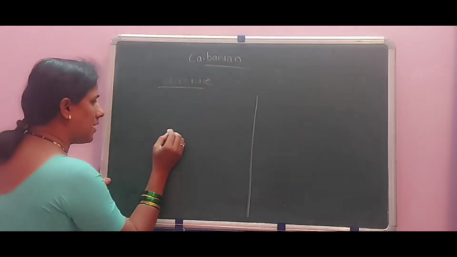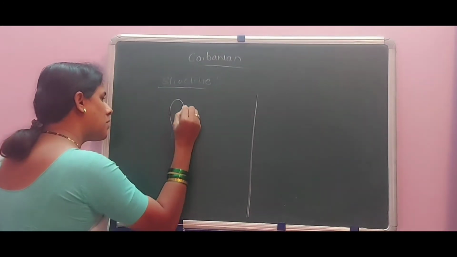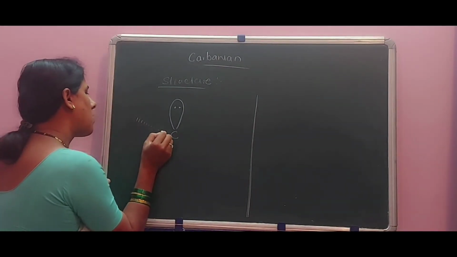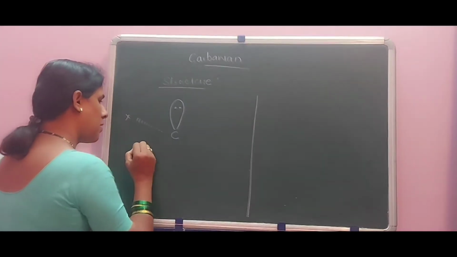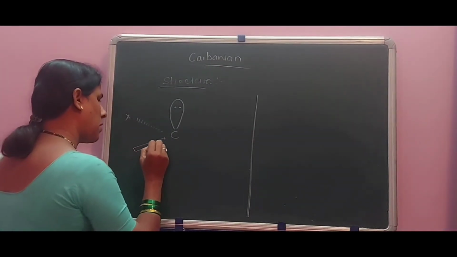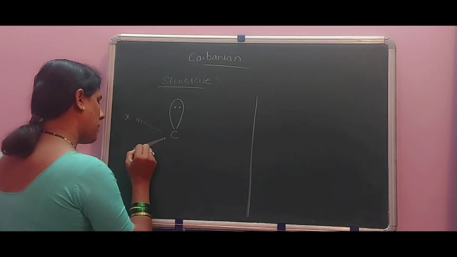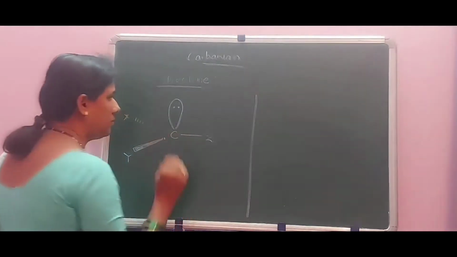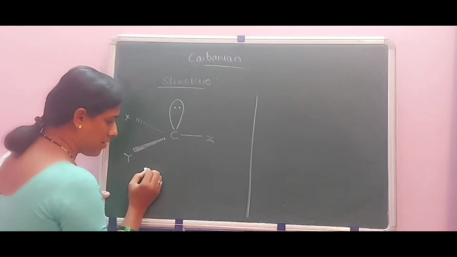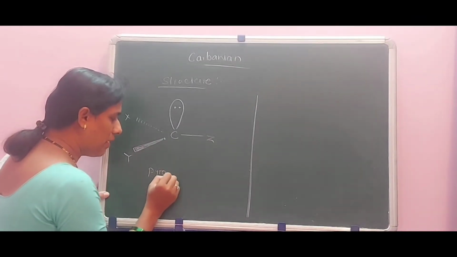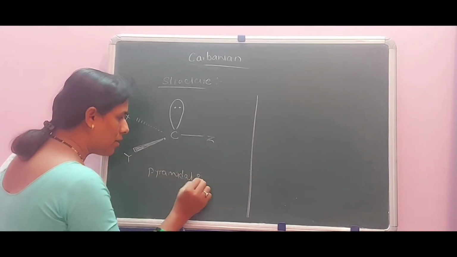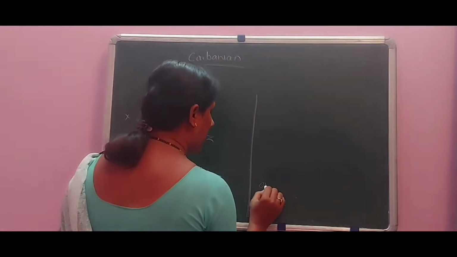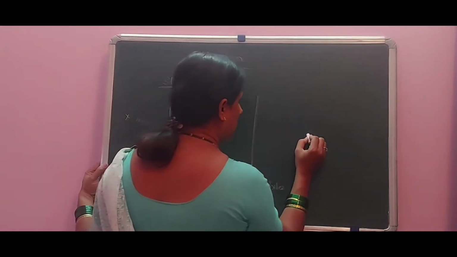First, it is represented as shown. This structure has a pyramidal geometry. And when the orbital diagram is considered, it is as follows.